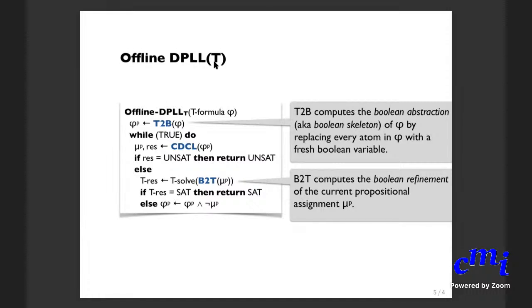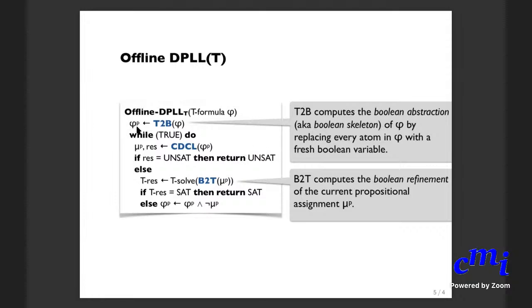This is what I call a naive algorithm for solving SMT formulas, by first checking if it is satisfiable at the Boolean level by checking the Boolean abstraction, and then for each satisfying assignment, using the theory solver. Usually, we assume it works for only the conjunctive fragment of that particular theory.